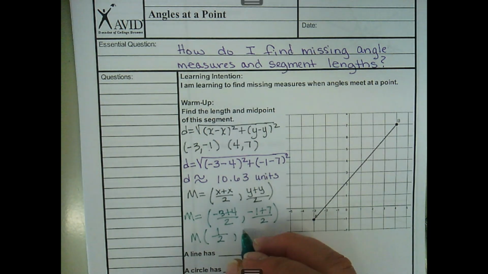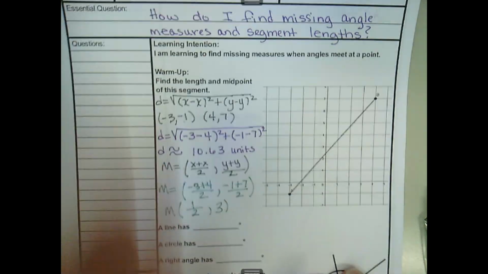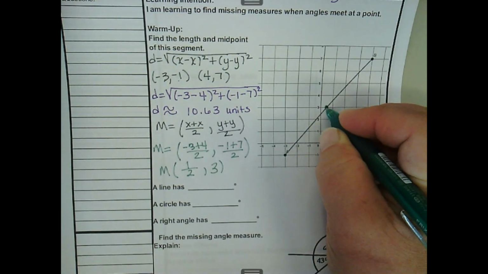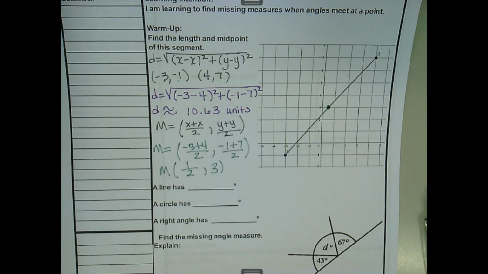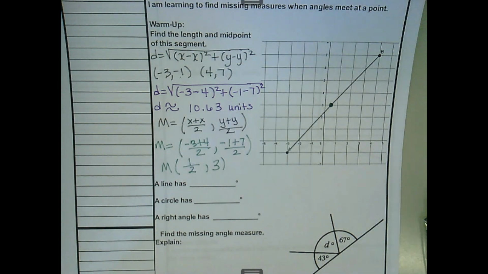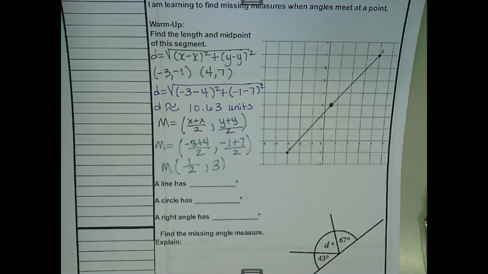Divided by 2 is 3. So if we're looking at our picture, we know that this is our midpoint. So can you fill in the next 3 blanks? Pause the video and fill them in if you know the answer.